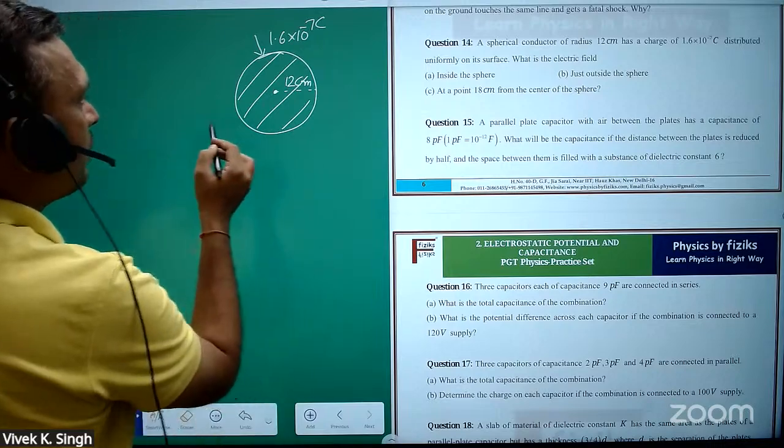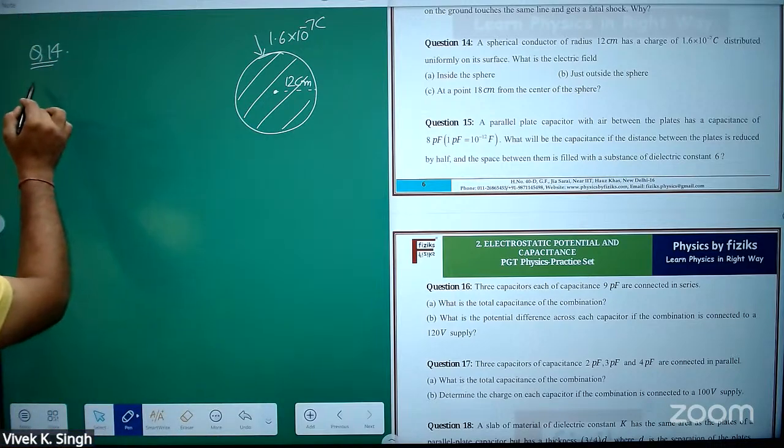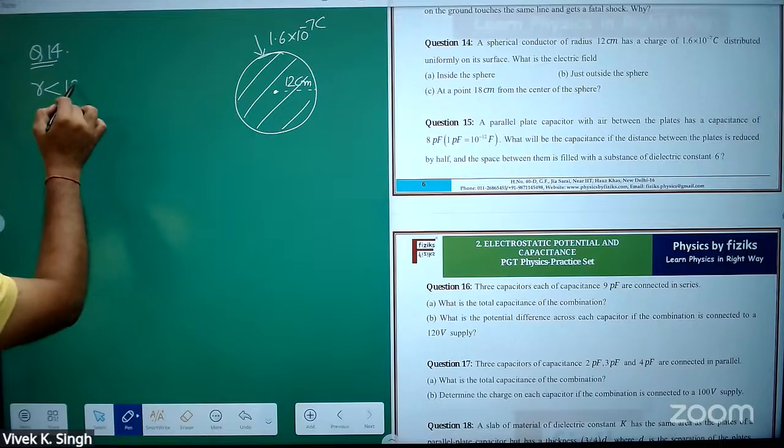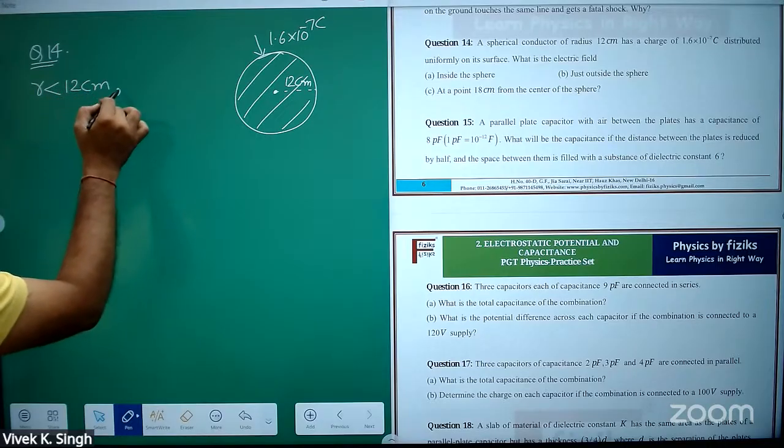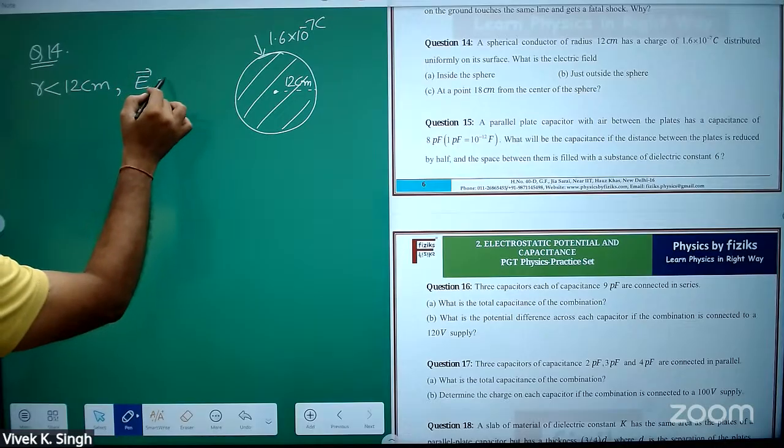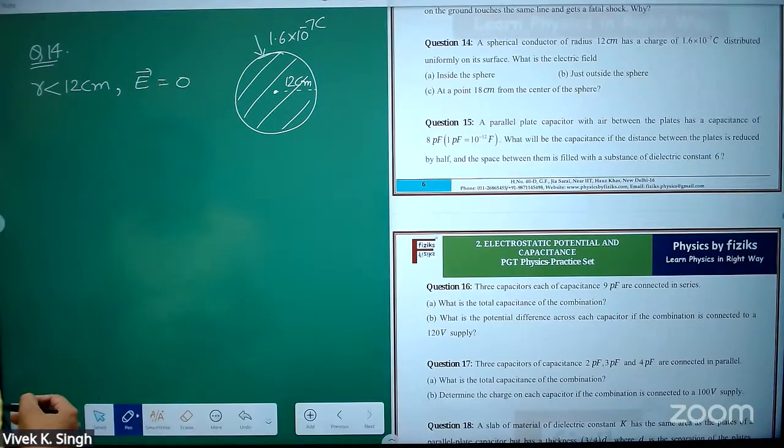What is the electric field inside? Inside means when you have some point r less than 12 centimeter, electric field will be zero because it's a conductor. Electric field inside the conductor will be zero.